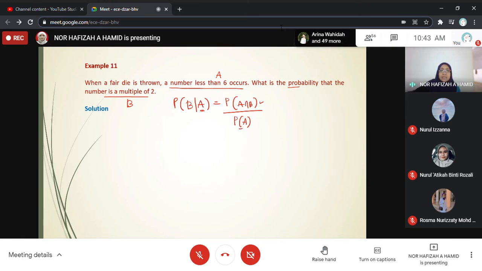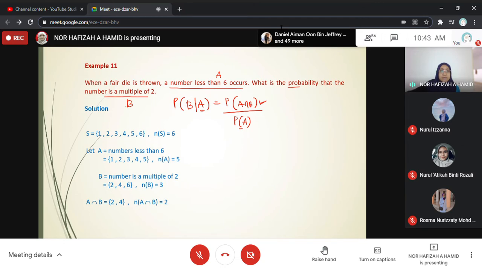First you need to calculate the intersection, the numerator. Let me list down the sample space first. The sample space is 1 until 6, so the total is 6. Event A, number less than 6, is 1 until 5, so the total is 5. Event B, number is a multiple of 2, is 2, 4, 6, and the total is 3. First calculate the probability of the intersection.